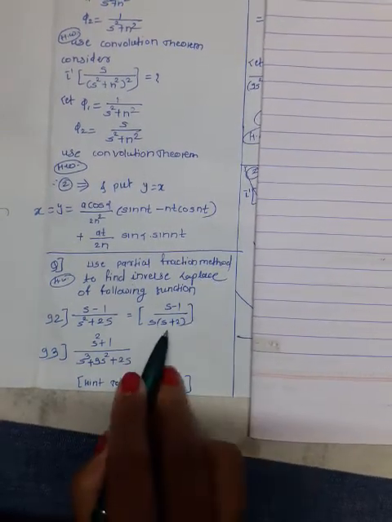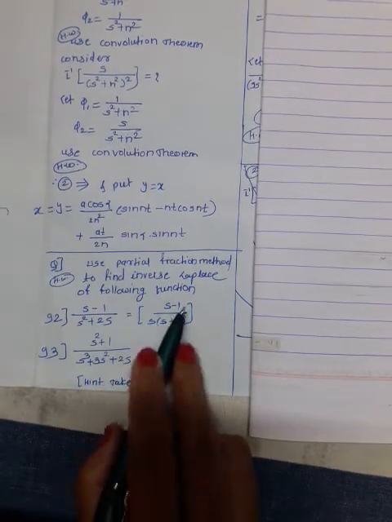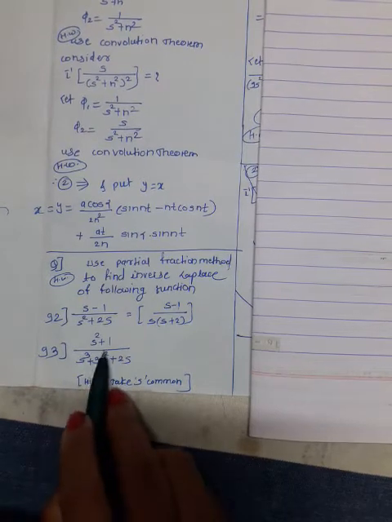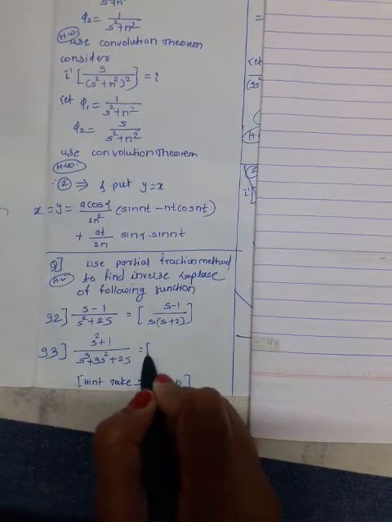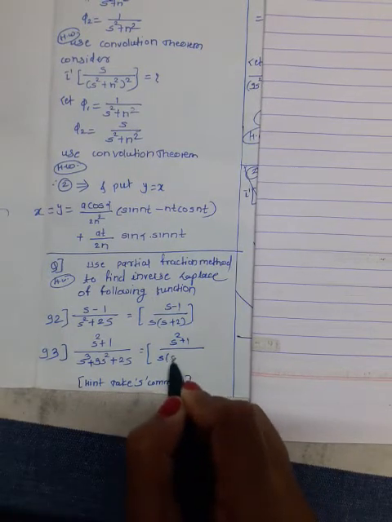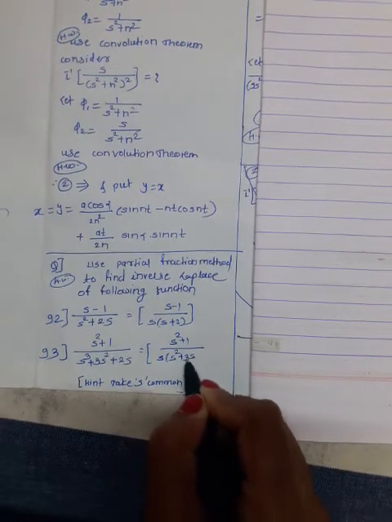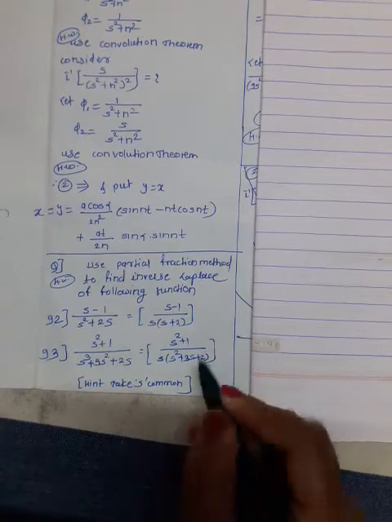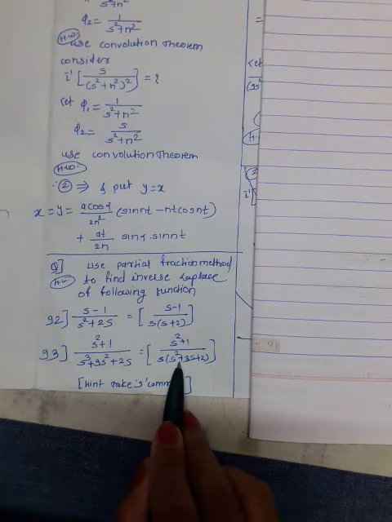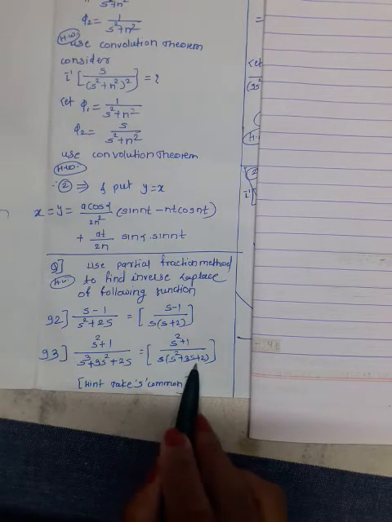Both are linear factors, a upon s, b upon s plus 2, in that way. These are the homework. And in this one again take s common, we get s square plus 3s plus 2. Again factorize this. This is s plus 2 and s plus 1. These are three linear brackets.